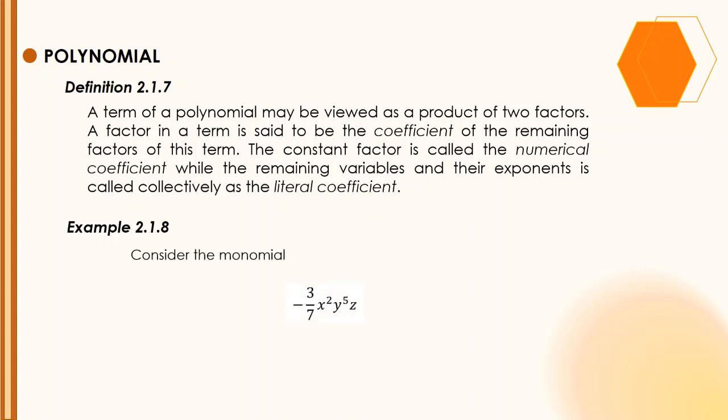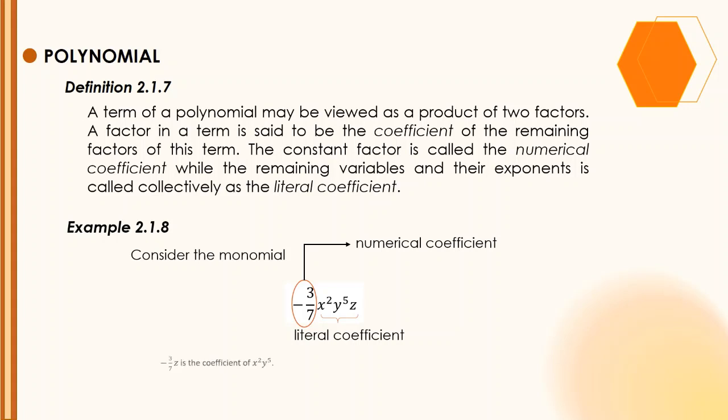For example, consider the monomial negative 3 over 7 x squared y to the power of 5 z. So, negative 3 over 7 is the numerical coefficient and the remaining variables and their exponents, that is x squared y to the power of 5 z, is the literal coefficient.